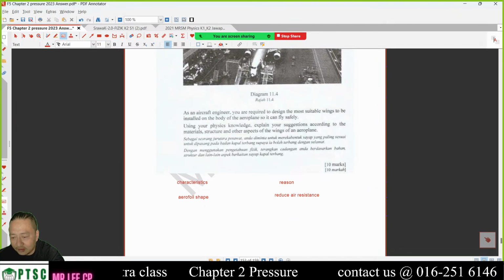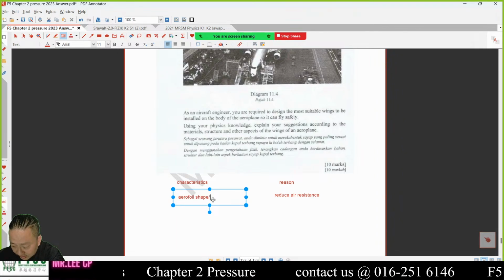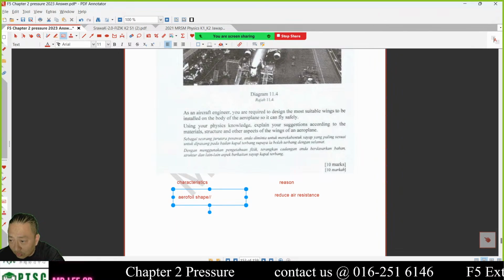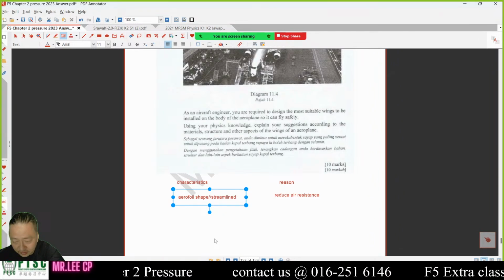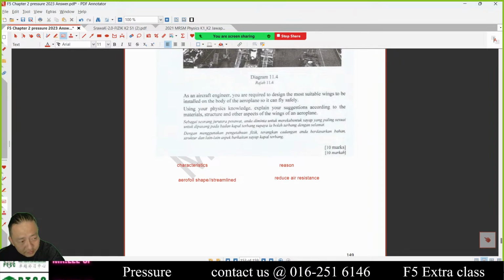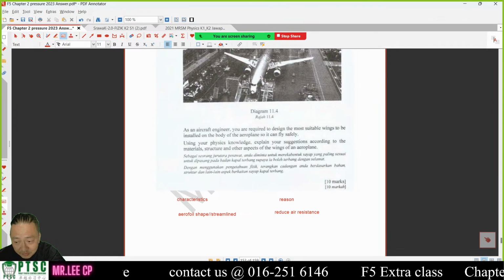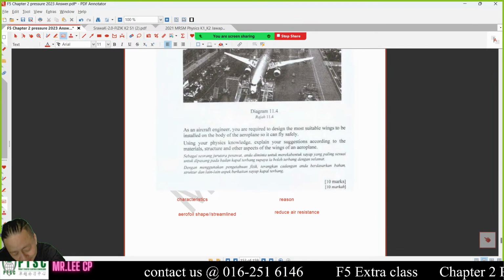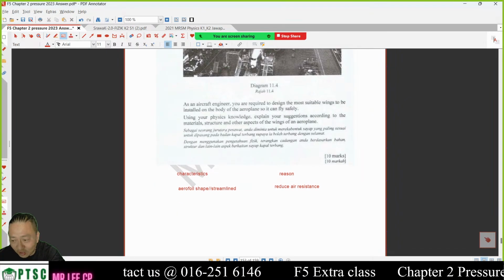Or you can call it streamline. So aerofoil shape or streamline also can. Both will give you the same function. But streamline, I explained many times already. Streamline is the shape, thin. Aerofoil is the shape like what I told you just now.